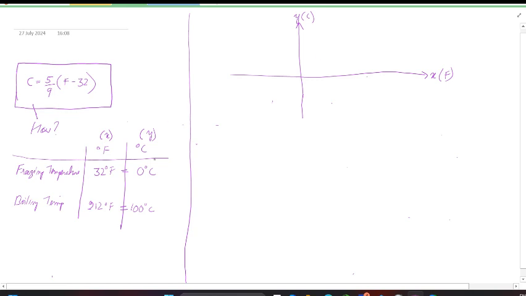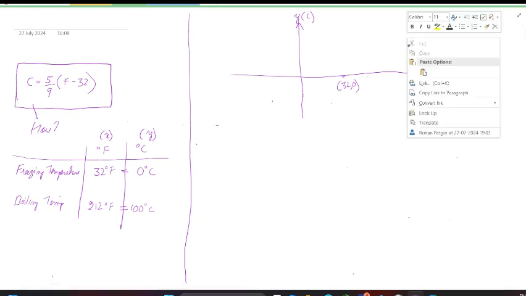So the freezing temperature, y value is 0 and F is 32. Let's assume this is that value, 32 and 0. And then the boiling temperature, we have 212 on the x-axis and 100 on the y-axis.